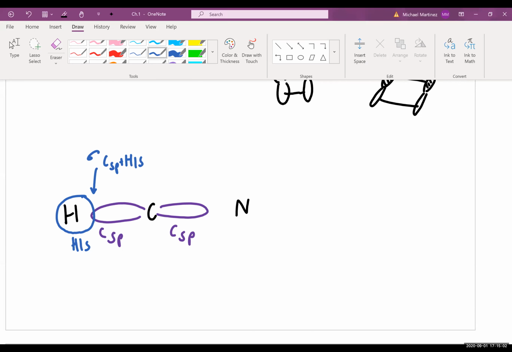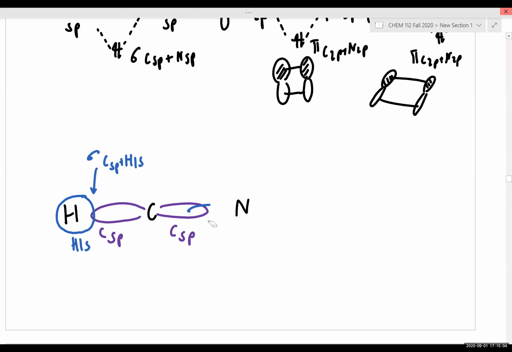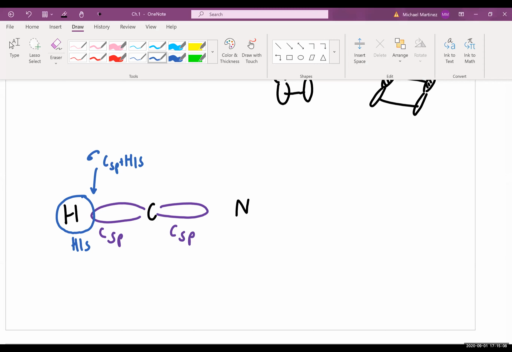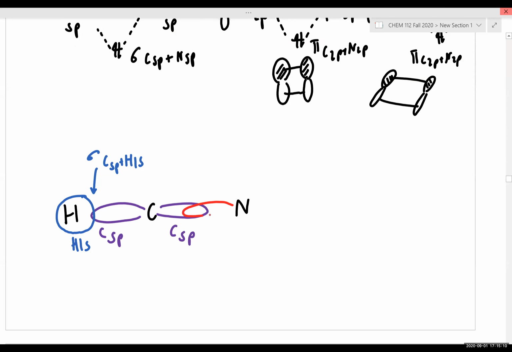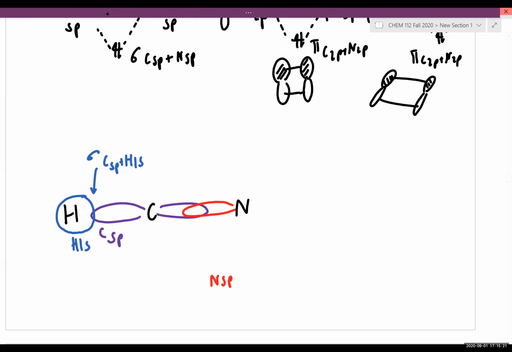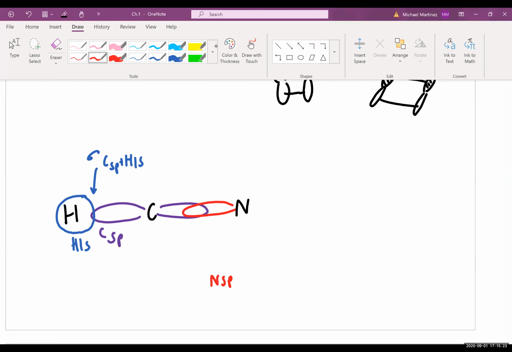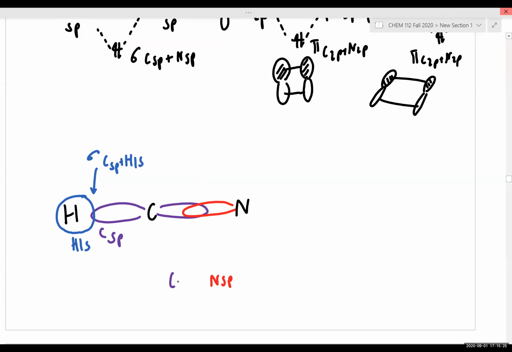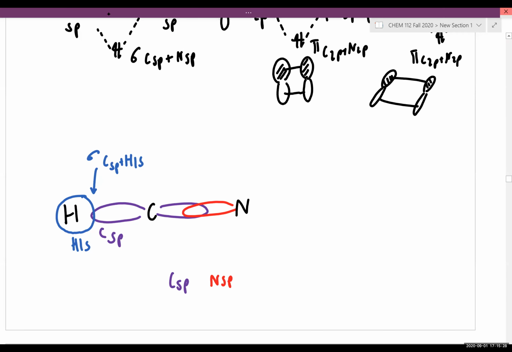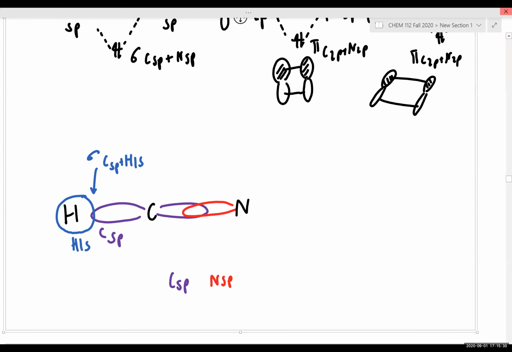For nitrogen, nitrogen has two sp orbitals, the first of which it will use for chemical bonding. I'm going to move this down and you'll see why in a moment, just because our pi bonds are going to start taking up some space.